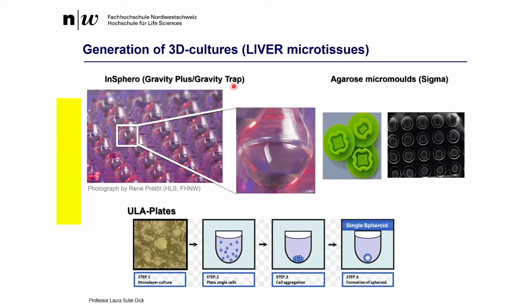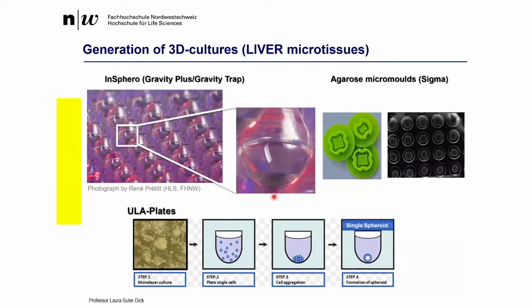You see here in a 96-well format these little drops containing a spheroid, a microtissue that is composed of the 3 different cell types.